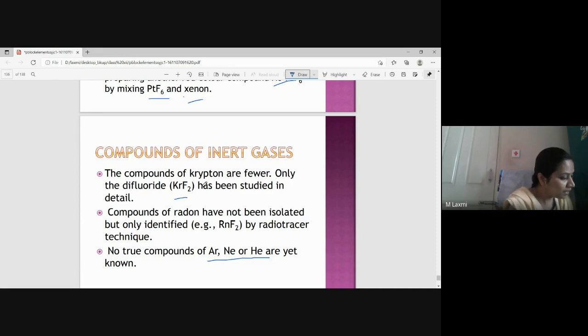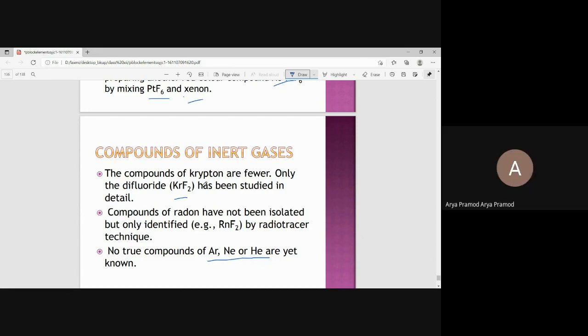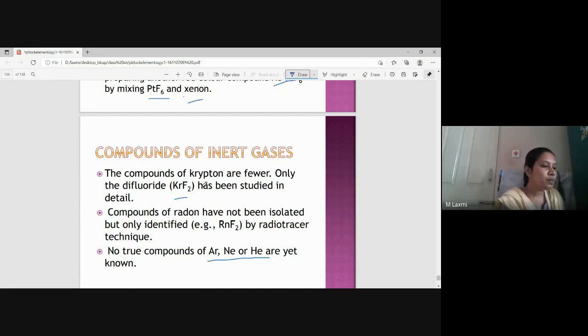I do remember, although they are chemically inert, they try to participate in few chemical reactions. You mean to say preparation of xenon fluoride and xenon oxygen compound? Yes, it is there.